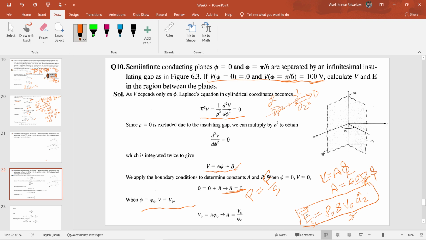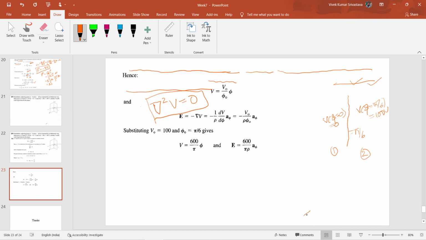Anyway, the total voltage is defined as V equals 600 by pi into phi.